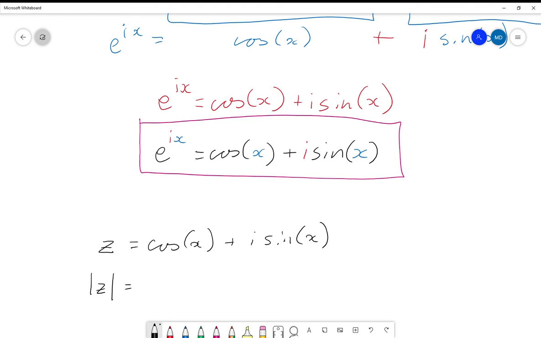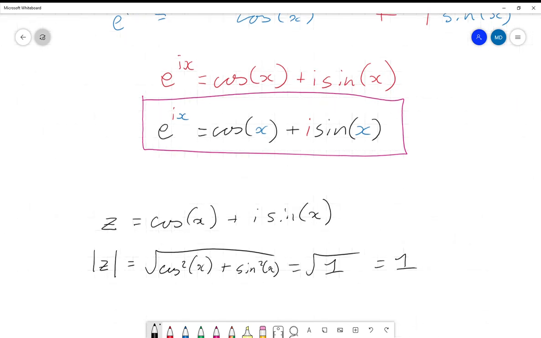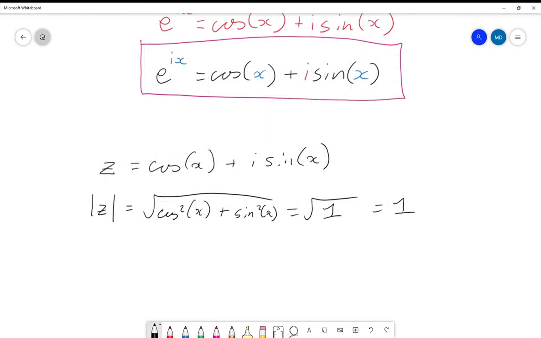Well, the modulus of it is going to be the square root of cosine squared x plus sine squared x, which is the square root of 1, which is 1. So if I've got a complex number of the form e to the ix, the modulus of it is always 1 for every single possible value of x.